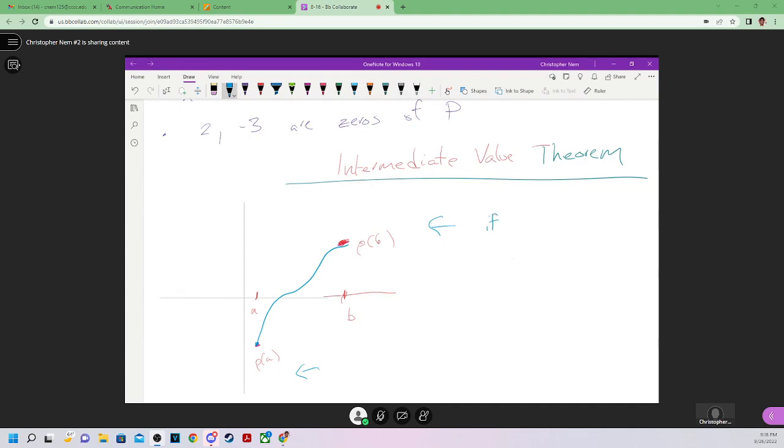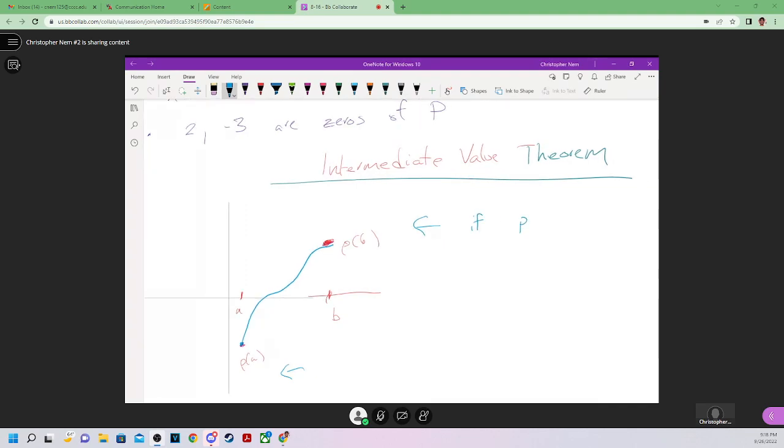if P of A is less than 0 and P of B is bigger than 0, if one is negative and one is positive, then somewhere in my interval, let's say A comma B, somewhere in there, I don't know exactly where, P of C equals 0.